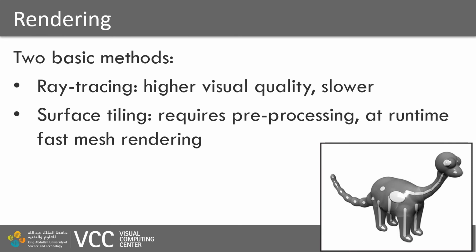Well, once we have that, we still didn't see any image, because so far we only described how the entire scene is defined, but not how we render it, how we display it. There are essentially two methods. One we could call a direct method, where we are ray tracing the implicit representation.